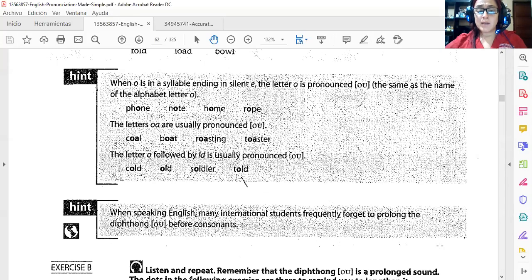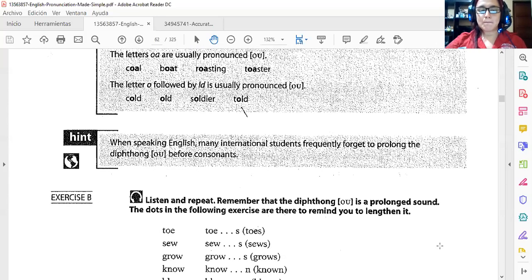Then another hint is when you have the letter O and then the letters LD. Normally you have to produce it with O, like in cold, old, solder, and told. Okay, so it says here another hint: when speaking English, many international students frequently forget to prolong the diphthong O before consonants. So that is true.